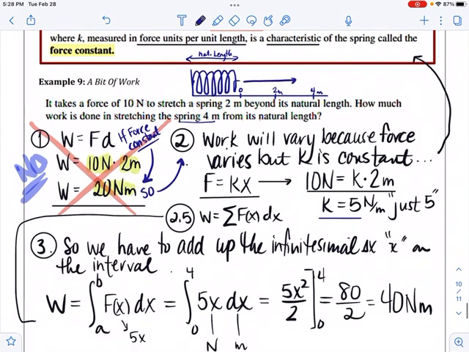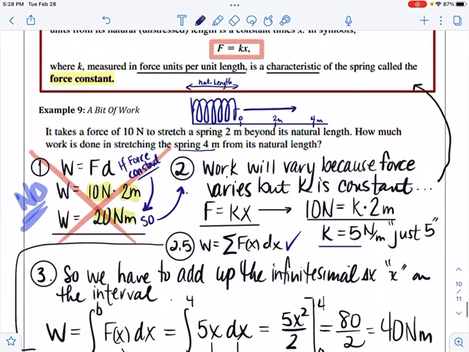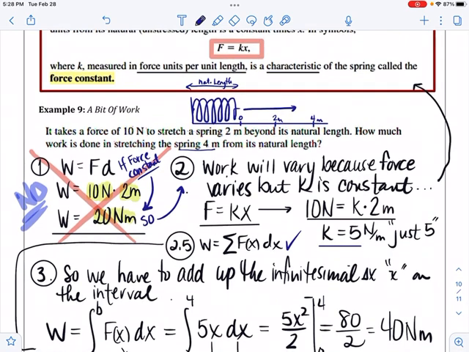So I put in a step 2.5 here where now what we want to do is add up all of the f(x) dx's. In this f(x) dx, every little dx, or small change in x from 0 to 4, is going to have a force that can be considered constant.